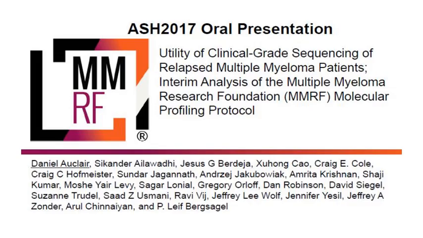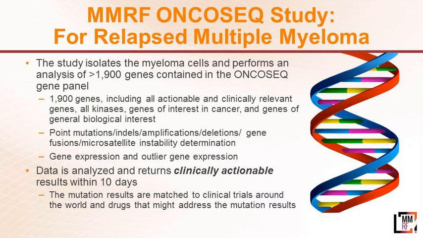There was a presentation at the American Society of Hematology meeting from the MMRF that talked about the studies we're doing with molecular medicine and precision medicine. In this study at the University of Michigan, and everyone on this table is involved in it, there's a gene profile done on myeloma cells called OncoSeq.